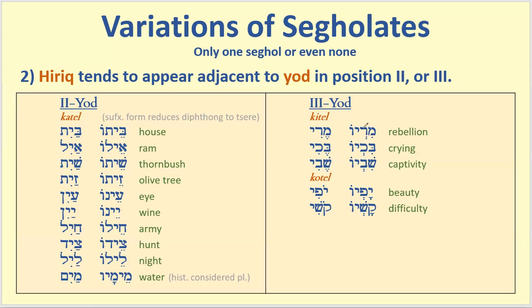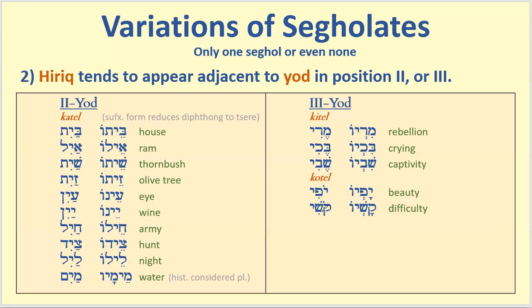So in the suffixed form, we're going to see a tendency. Well, that's not true. These forms here are kittel, so you get a chirik. Miryo, or bechi is going to be bichyo, and shevi is shivyo. These are still segolates, but they have a yod in there messing up the vowels.